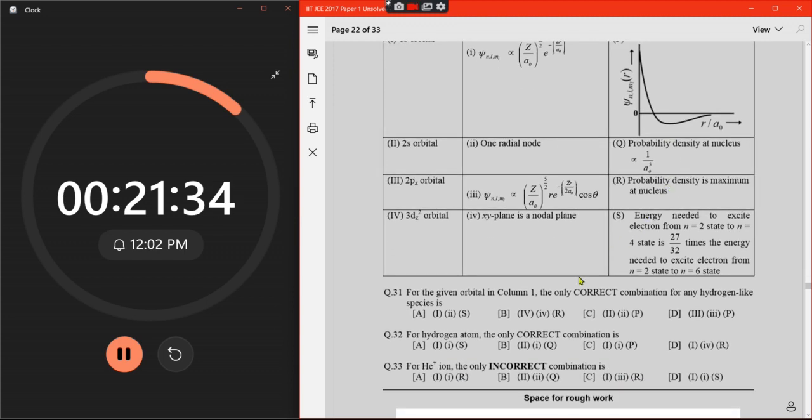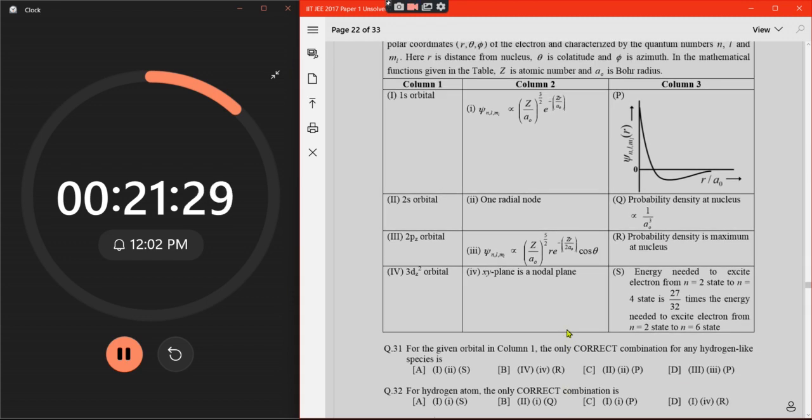For hydrogen atom, the only correct combination. 1 okay. 1 s is, so okay, s is correct. I mean, yes. But is 1 correct? Yeah, it looks like that. And 1 s orbital, I guess. Yeah, okay.